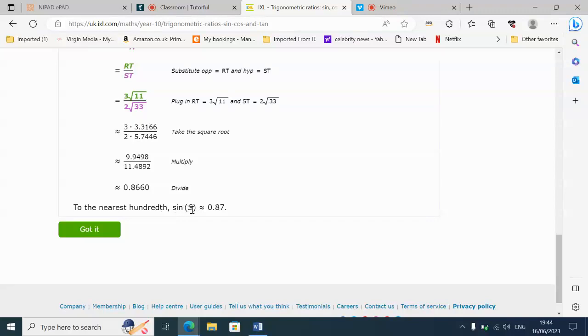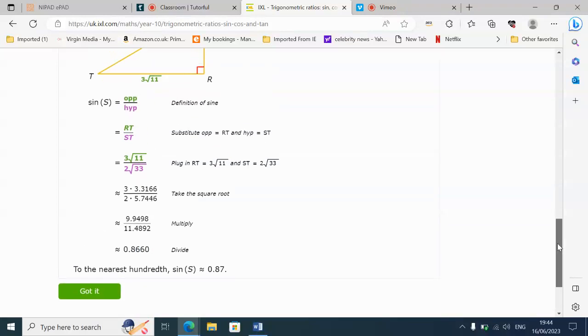So sin S is approximately 0.87, because 6 is big enough to round up. So the six before that becomes a seven. Hopefully you understand that a bit better now, yeah?